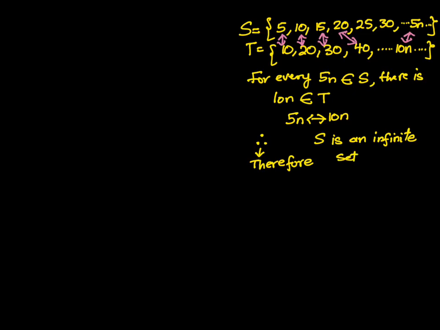If we can establish a formula between the elements of the given set and the elements of the subset, then set S is an infinite set. So anytime you see a question on this, all you have to do is figure out a subset and then see if there is a formula that gives a relation between the first set and the subset. All right.